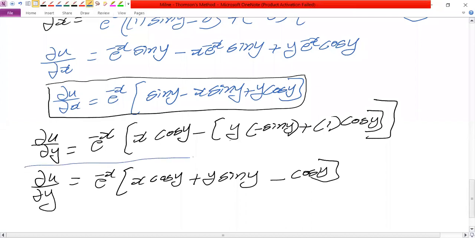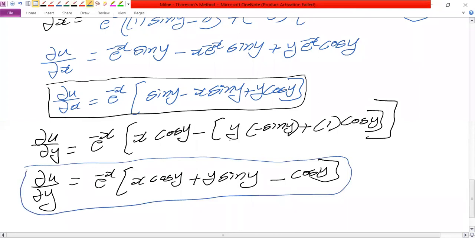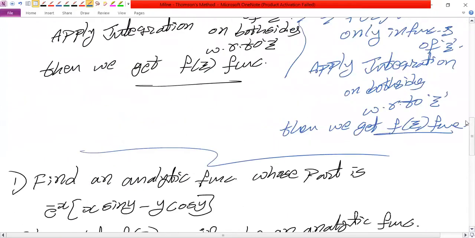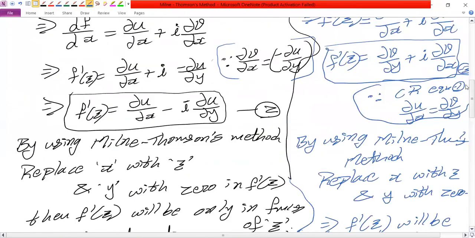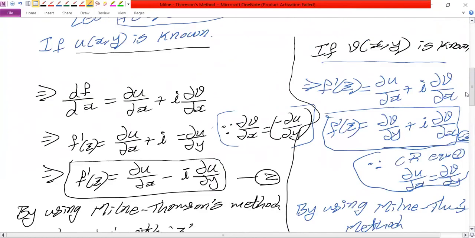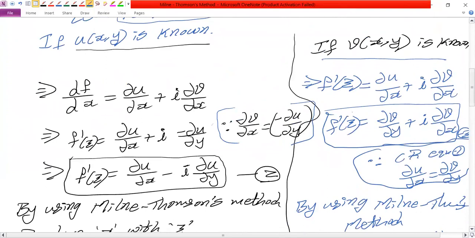Now, according to the procedure, when u is given, what do we have to take? Check it on the screen. If u is given, what is f dash of z, or dou f by dou z? Dou u by dou x minus i into dou u by dou y.